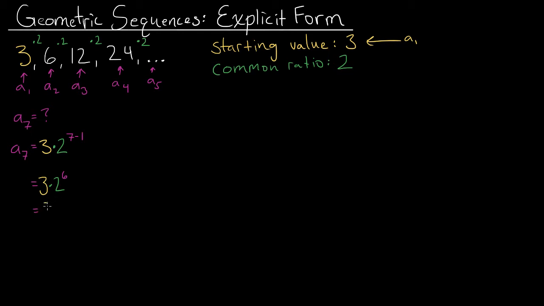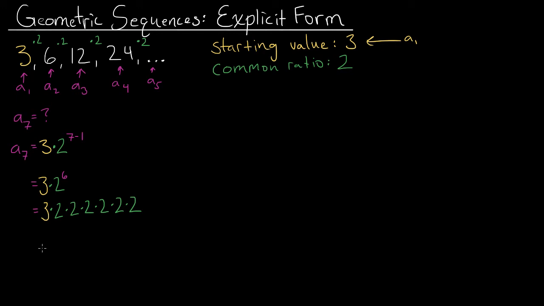And remember, another way that we can think of 2 to the power of 6 is just 2 times 2 6 times, because exponents are just repeated multiplication. So we have 3 times 2 times 2 times 2. There's 3 2's, and 4 2's, 5 2's, and 6 2's. So these are equivalent expressions. They mean the same thing.